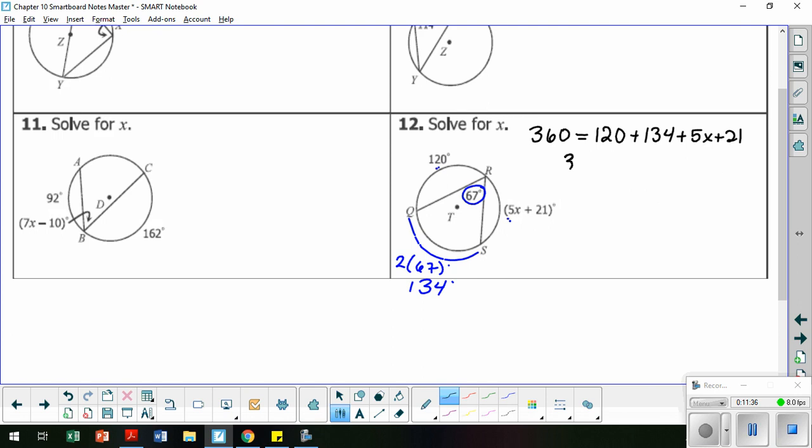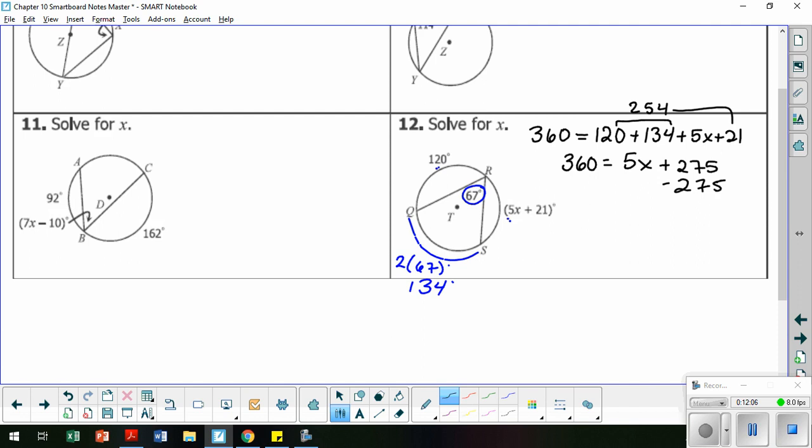So combine like terms. We have the 5x. These two together give me 254. Those together will give me 275.